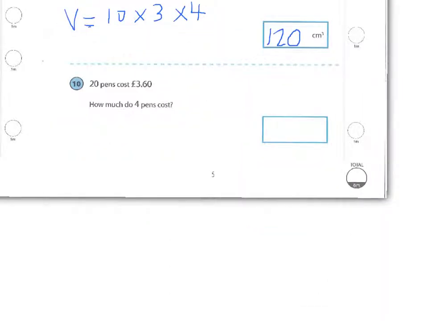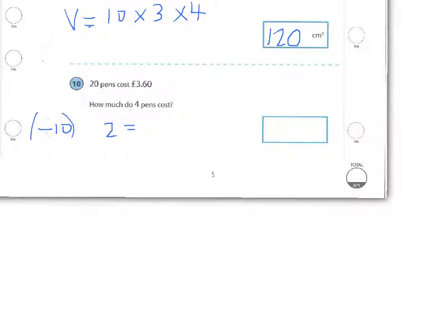Question 10. If 20 pence cost £3.60, how much do 4 pence cost? Well, there are a number of ways to do this. You could try and work out the cost of 1. But what I'm going to do in this question is work out the cost of 2 pence to start with, because it's very easy to turn the original 20 into 2. And what I do there is I divide both numbers in the original statement by 10.